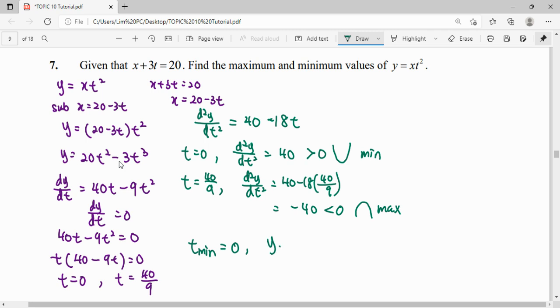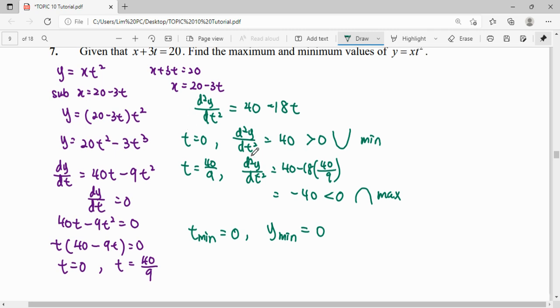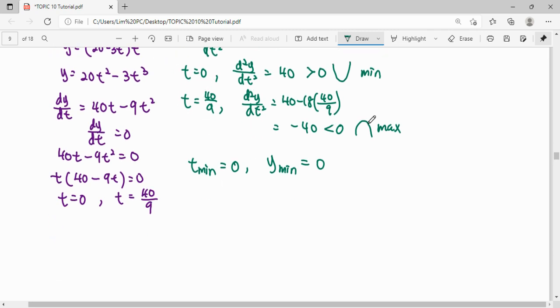We will get our minimum value of y by substituting here. So 0, 0, so y minimum is 0. Another critical value we can find is when t equals 40 over 9, it is the maximum case.